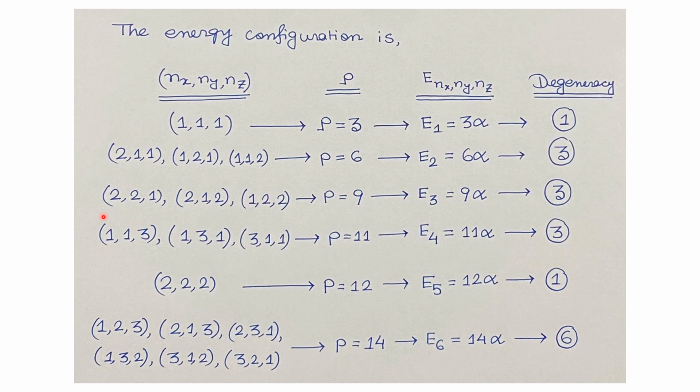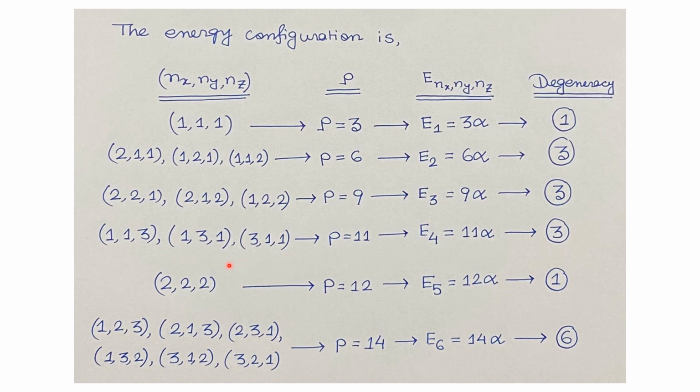Similarly, for the second excited state, the possible sets for nx, ny, nz are 2, 2, 1, 2, 1, 2 and 1, 2, 2. The p value will be 9 here, and the energy value for this second excited state E3 is 9 alpha. So the degeneracy here is 3. For the third excited state, the possible sets for the quantum numbers nx, ny and nz are 1, 1, 3, 1, 3, 1 and 3, 1, 1.